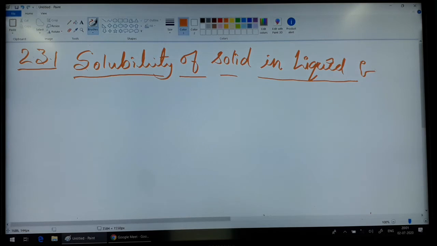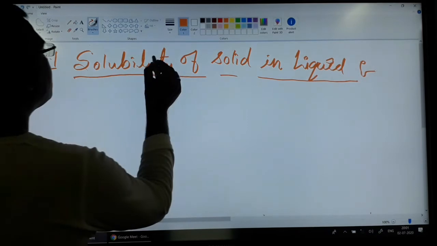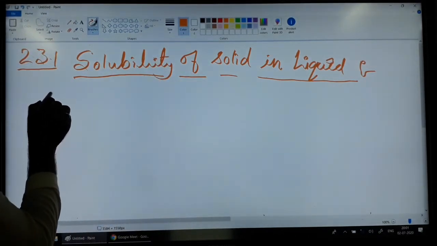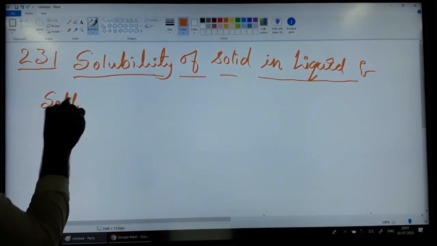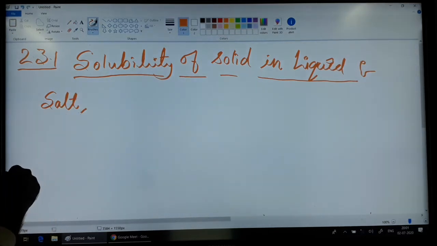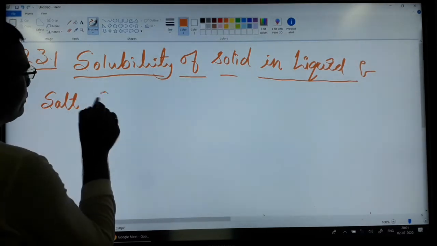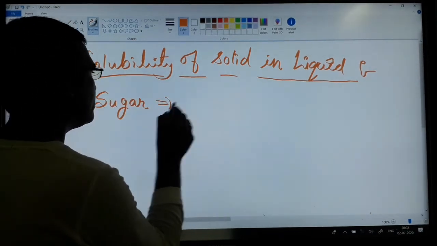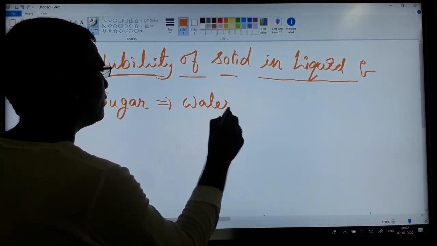Now here I am giving some examples. If you are asked to dissolve salt in water, of course you are able to dissolve. If you are asked to dissolve sugar in water, of course you can dissolve easily.